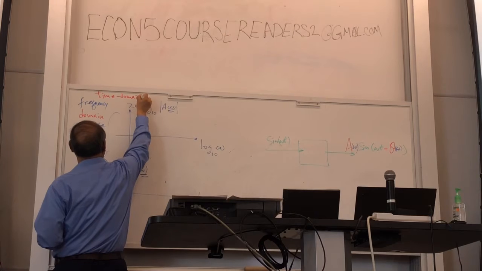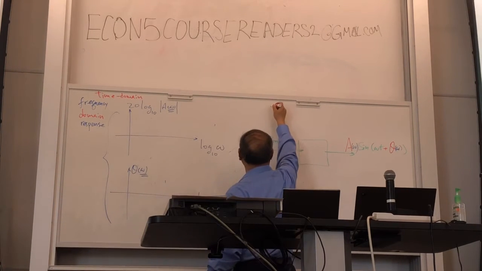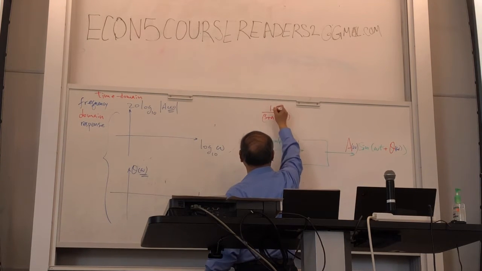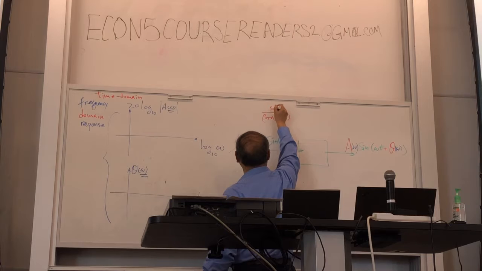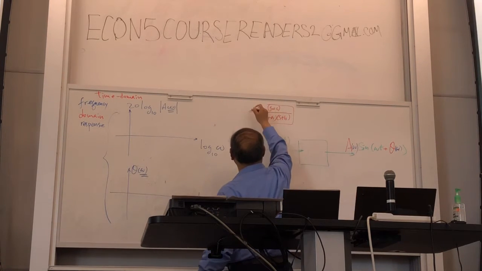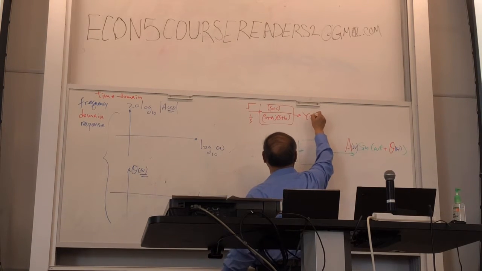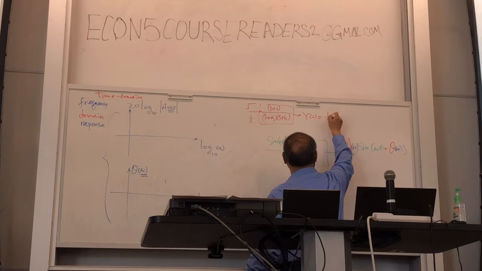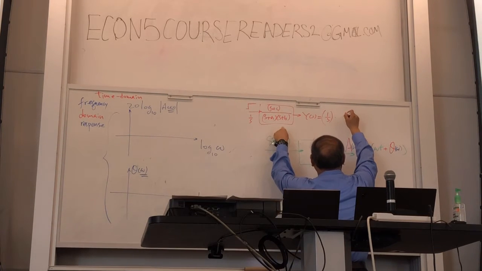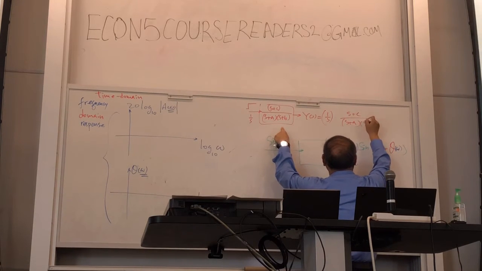In a time domain response, basically you have something like S plus A, S plus B, S plus C. The step is 1 over S, and Y of S is U of S times G of S, where U of S is 1 over S. Okay, G of S is S plus C over S plus A, S plus B.